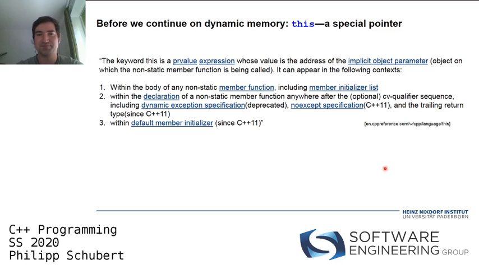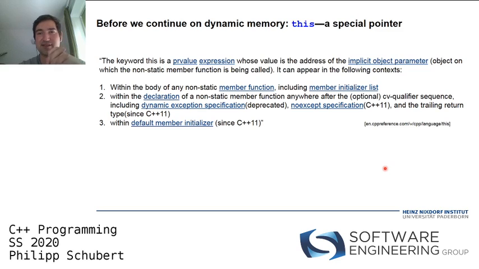So if you go to cppreference.com and you look for the this pointer, it will tell you the keyword this is a PR value expression. At this point, you don't need to know what a PR value expression is, but what follows again is important here. The keyword this is an expression whose value is the address of the implicit object parameter, the object on which the non-static member function is being called.